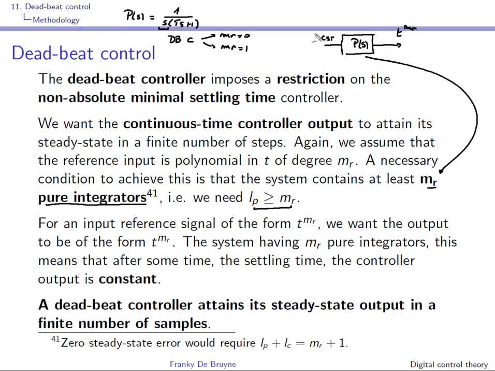So since we have at some stage the continuous time control output that attains its steady state value, and the output will be polynomial in mR, just as we request for our reference signal, it means that the deadbeat controller will also attain its steady state output in a finite number of samples.